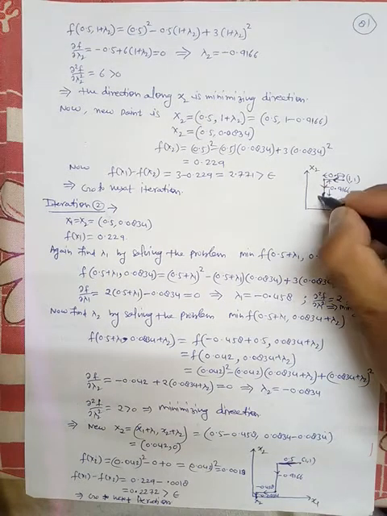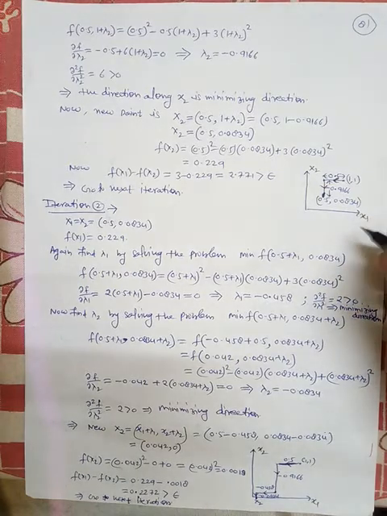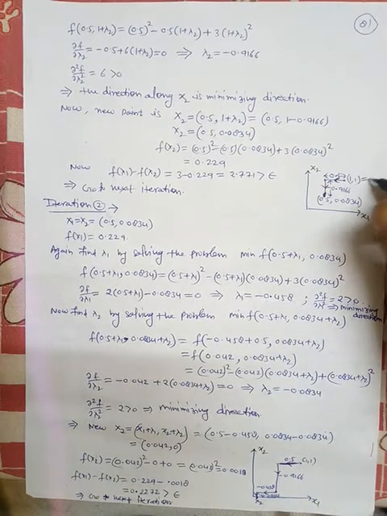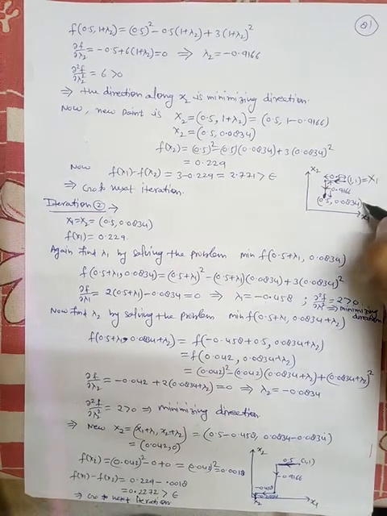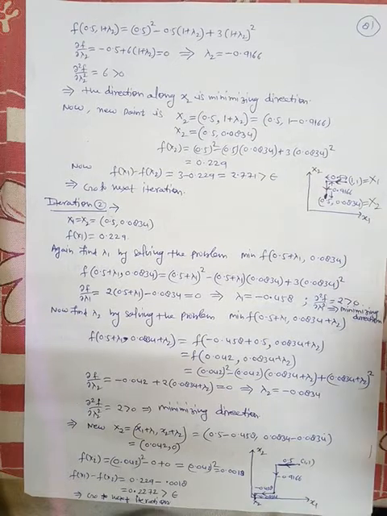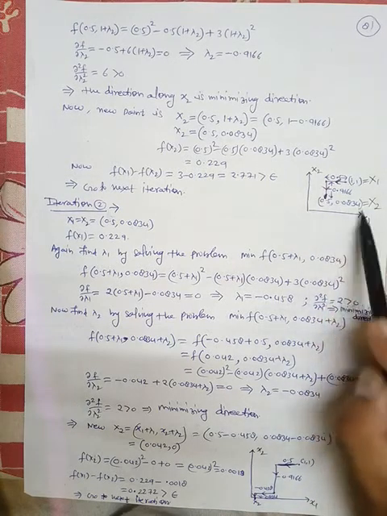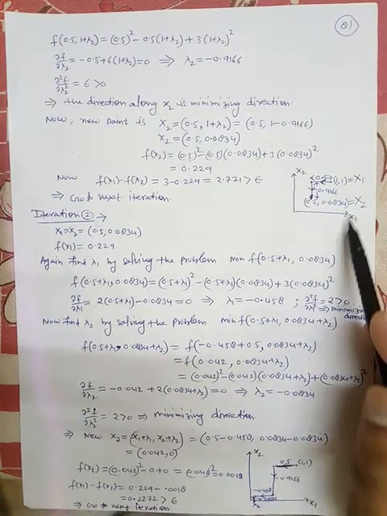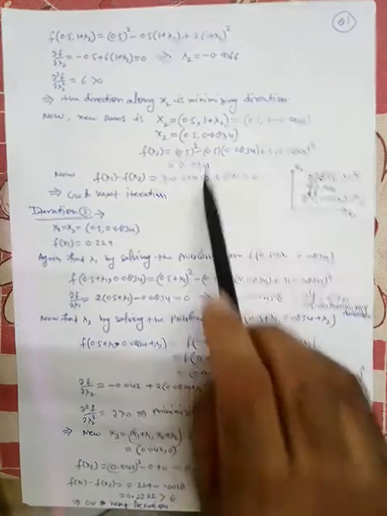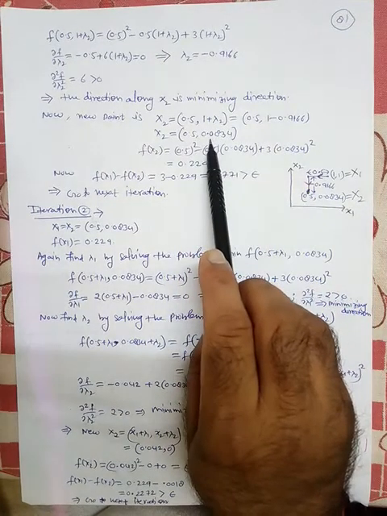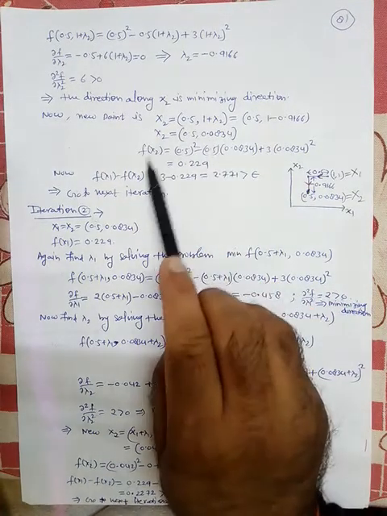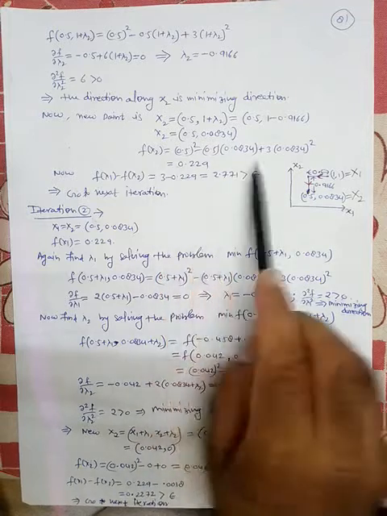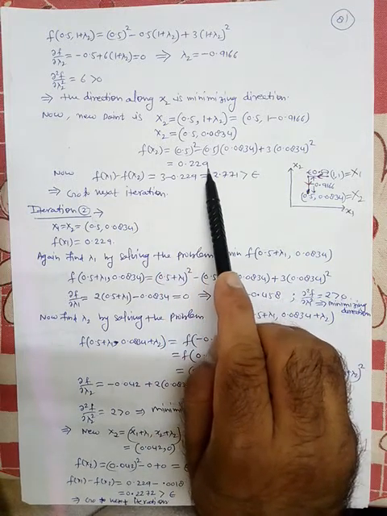This is basically your x1 and this is your x2, (0.5, 0.0834). Now compute the value of f of x2, which is 0.229.